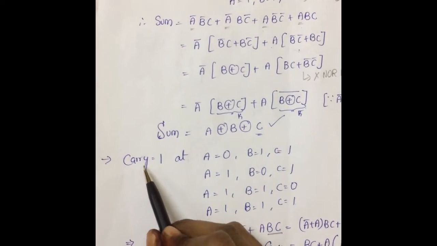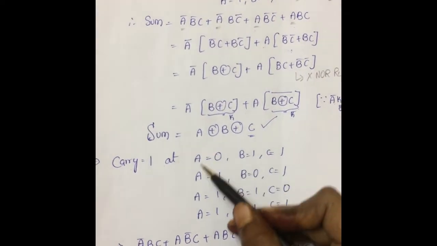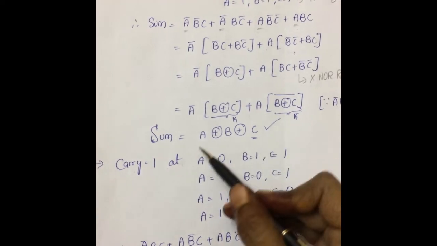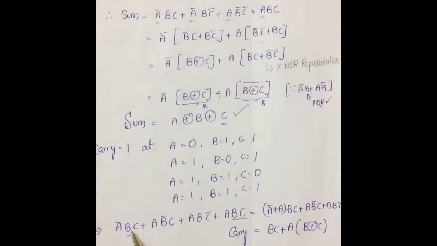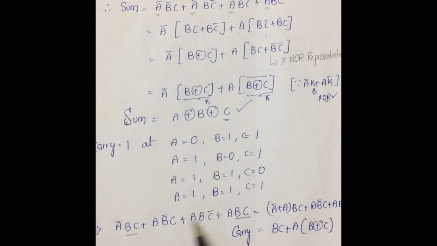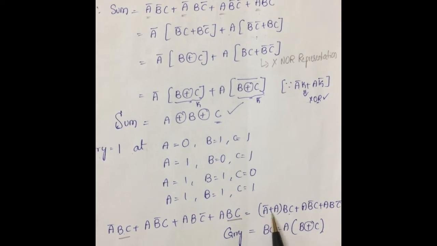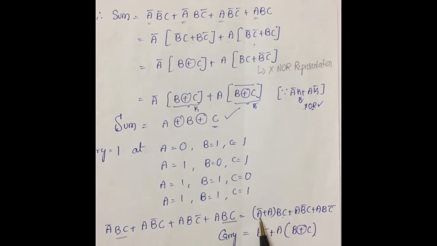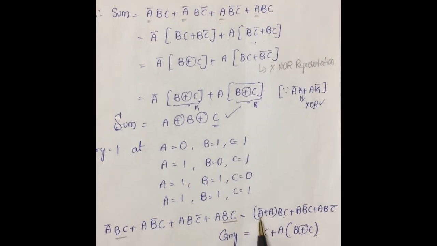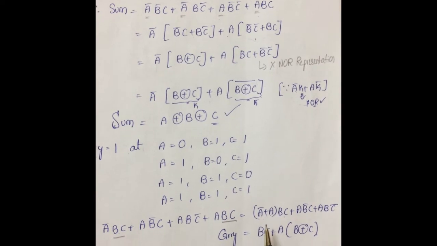Now similarly we'll do it for carry equal to 1, at what combinations. The carry is 1 in all these combinations. If we write the combinations that are common, here BC is common, here BC is common. So let me take BC common: A bar plus A. According to the laws, A plus A bar, if A is 1, A bar becomes 0; if A is 0, A bar becomes 1. So 1 plus 0 is 1.